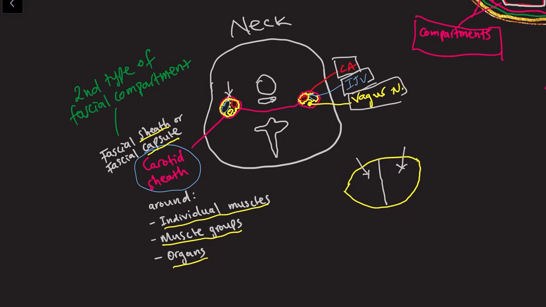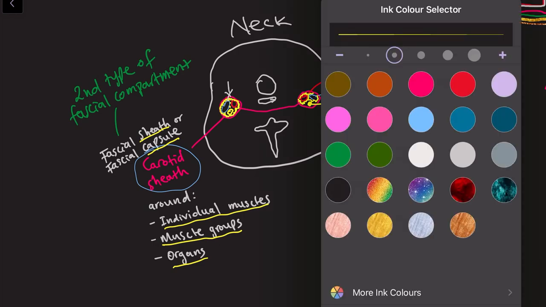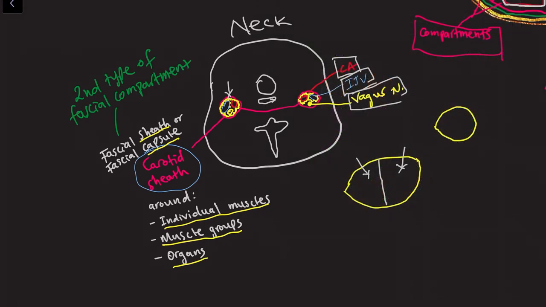But then in certain places, the lamina surrounds the neurovascular bundle or surrounds a muscle, right? And then immediately beneath that is not subcutaneous tissue, but just the cellular interstice.